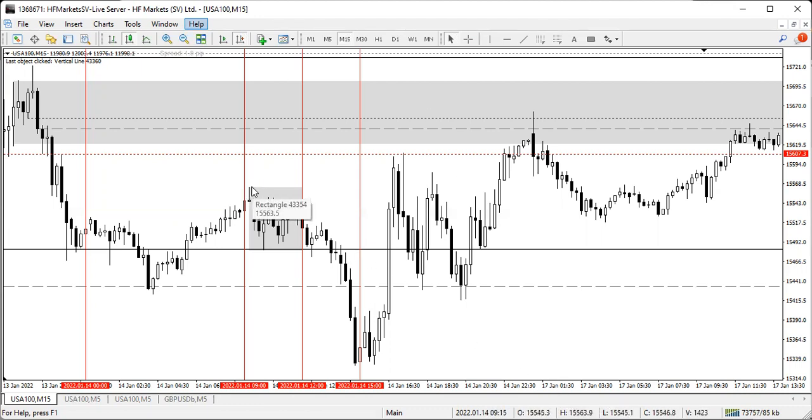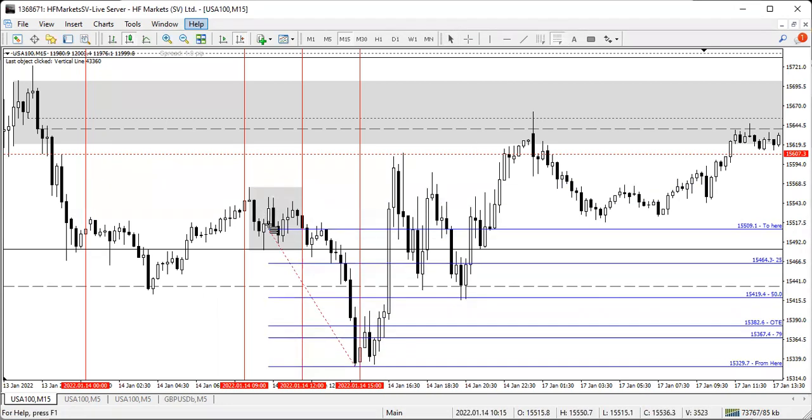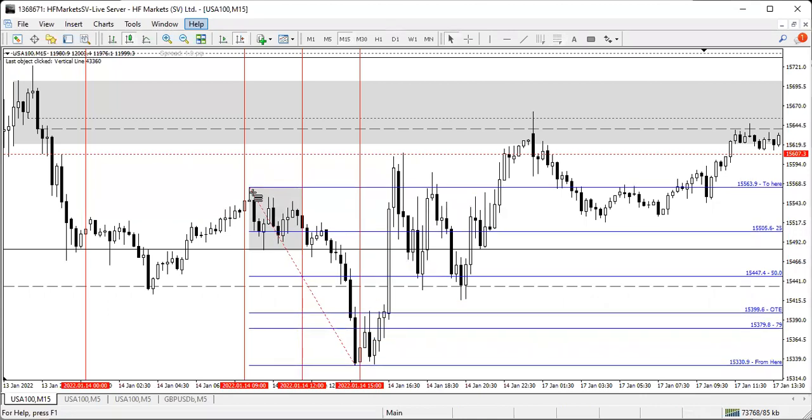This is the last time in London buy side was taken. Sell side is taken here, which means that right there is our good old friend, Mr. Dealing Range. At 50% of the dealing range, we have a huge candle with a gap, right?